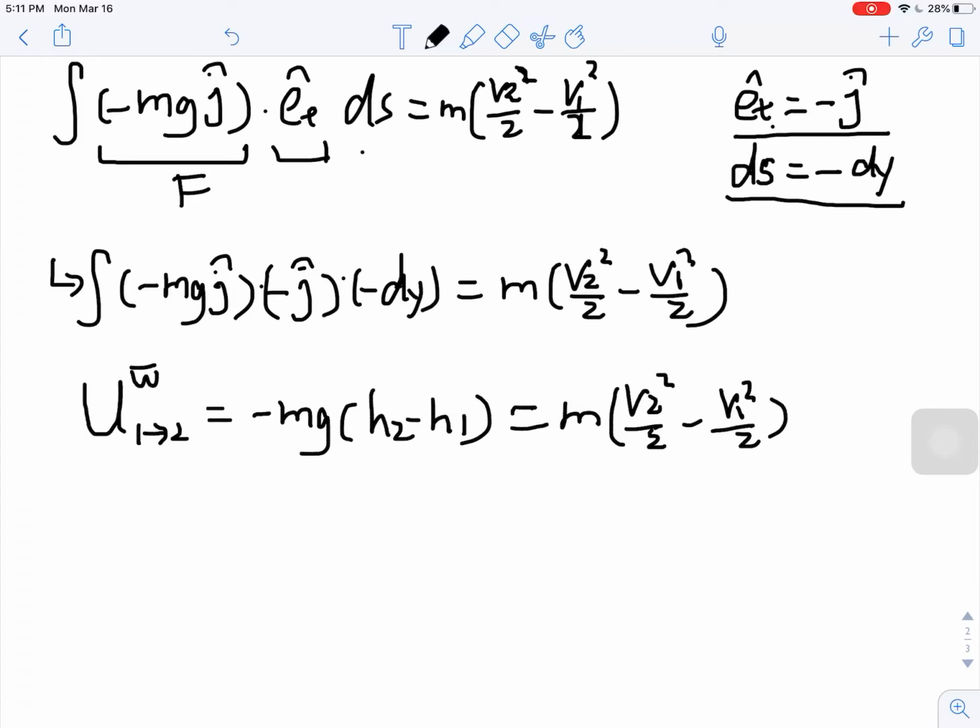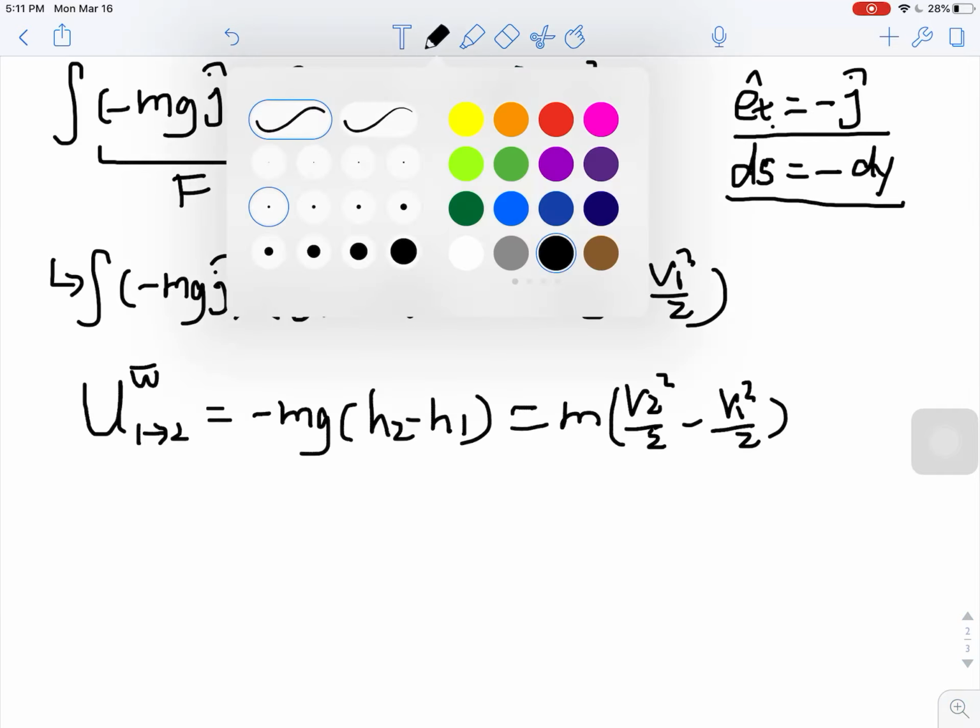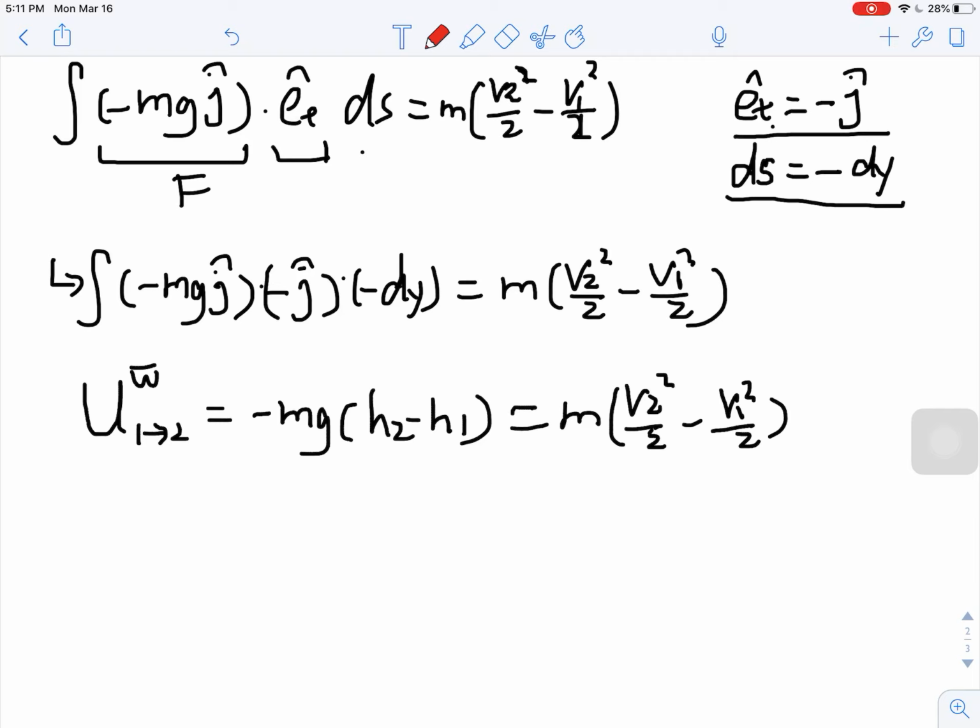Now we have the work energy equation for the weight force.